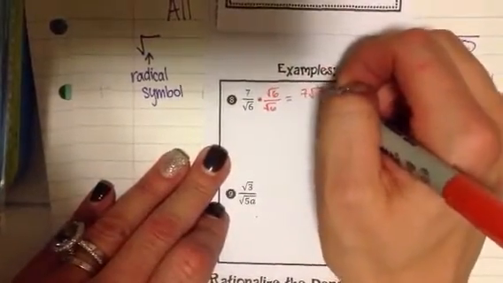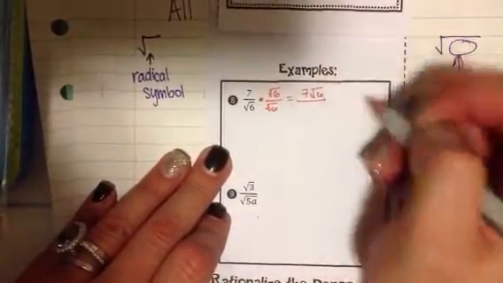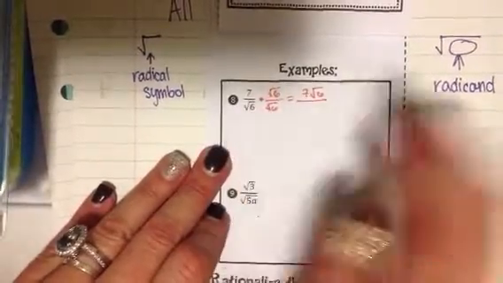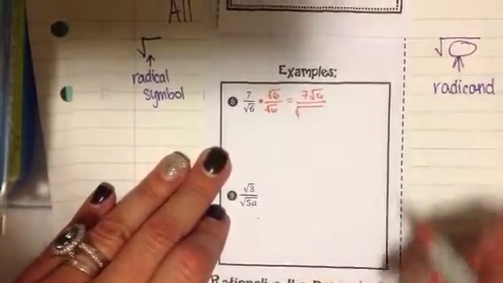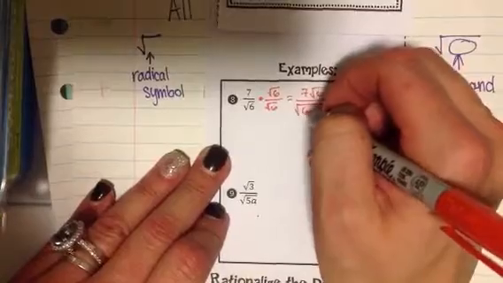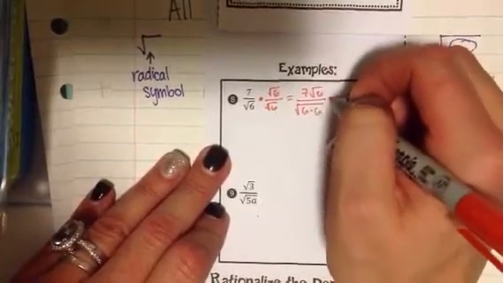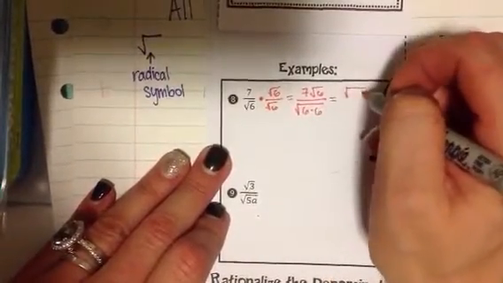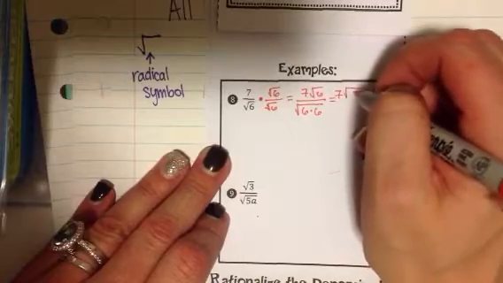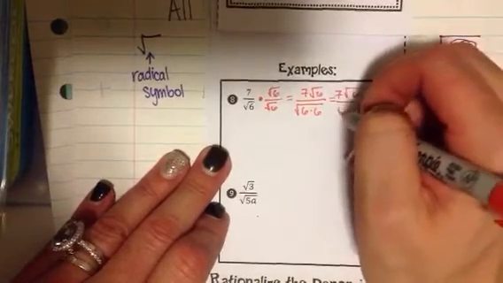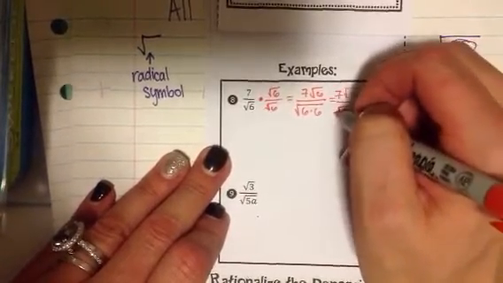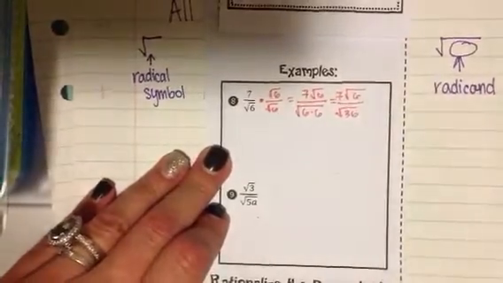I can then rewrite this as 7 times the square root of 6 all over, well, remember, because of the product property I can write this as the square root of 6 times 6. And then I can rewrite that as 7 times the square root of 6 all over the square root of 36. Well, here's our perfect square radicand.